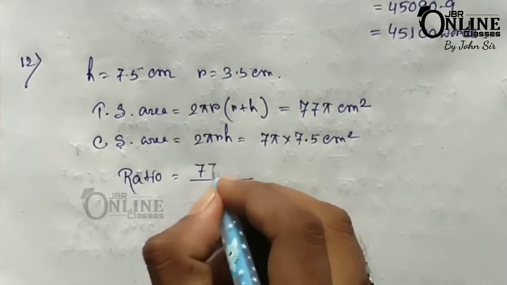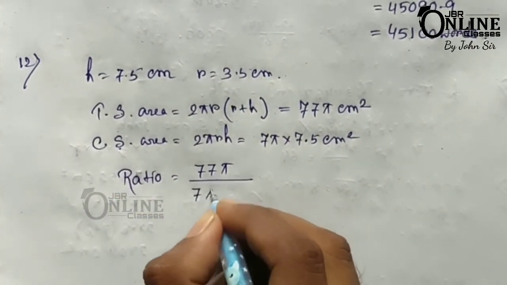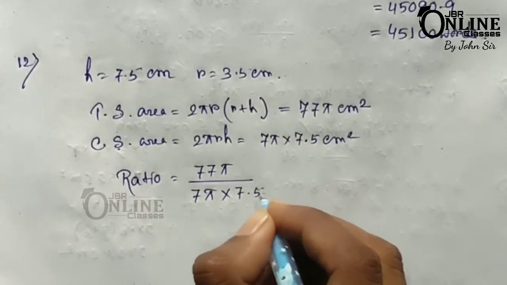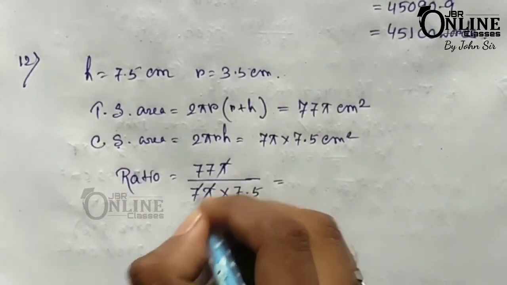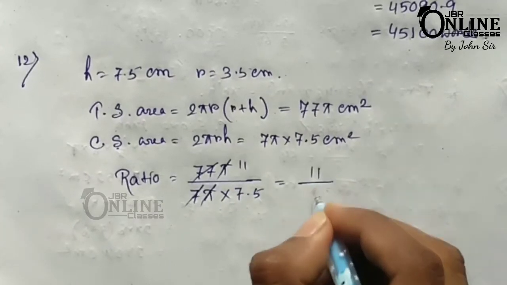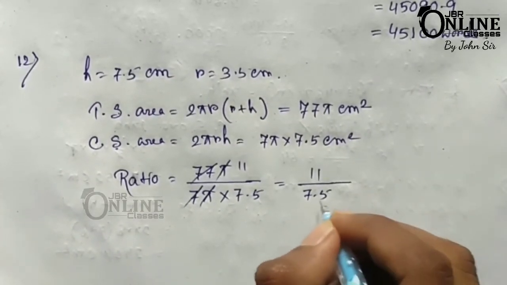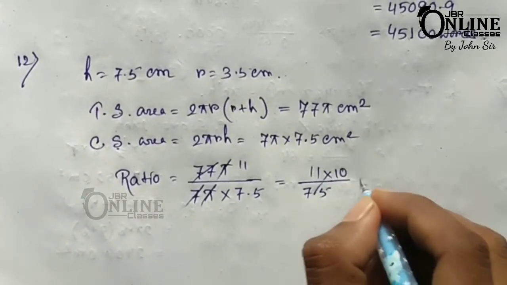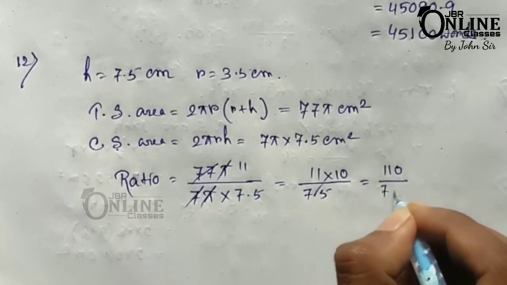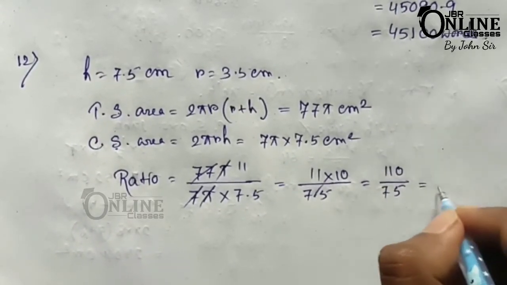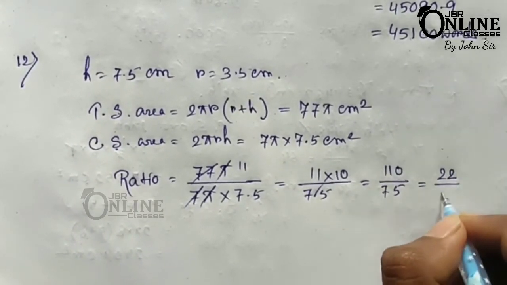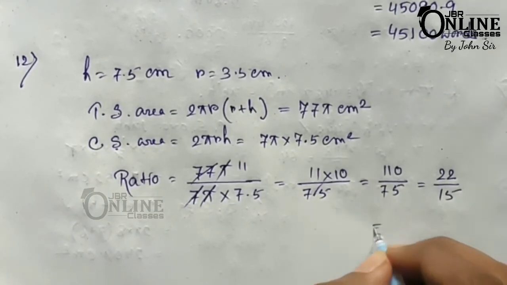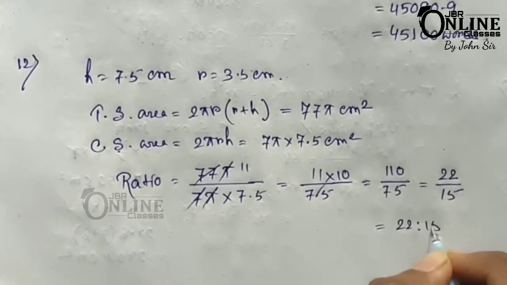So here total surface is equal to 77 pi by curved surface. So 7 pi into 7.5. So pi cancels out, that equals 11. So 11 by 7.5. So you multiply with 10, that equals 110 by 75. So 110/75, that equals 22 by 15. Okay, so here the ratio equals 22:15.